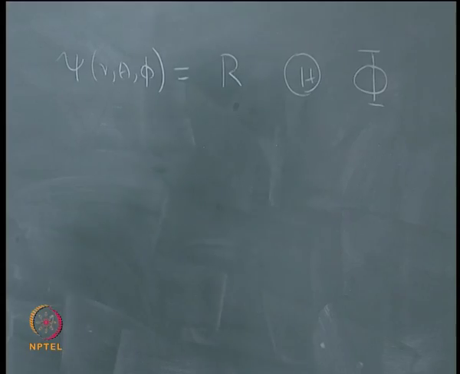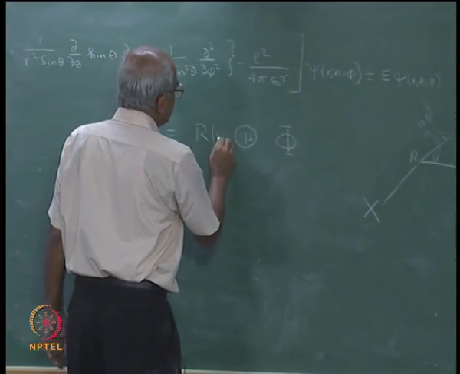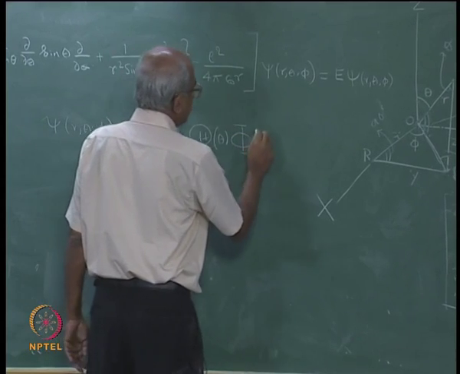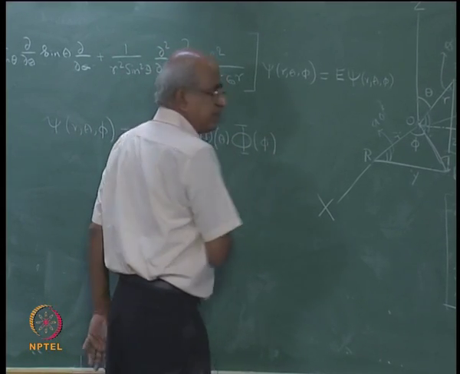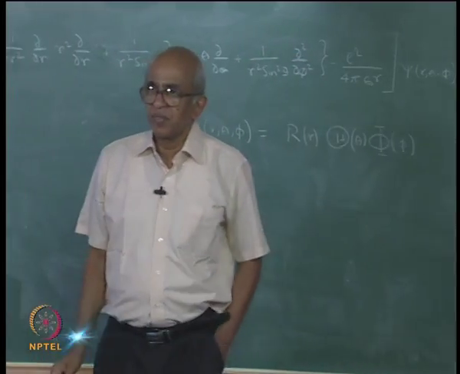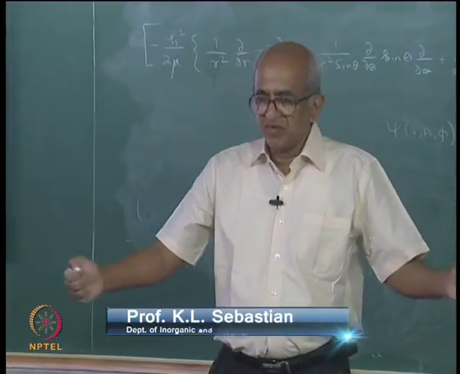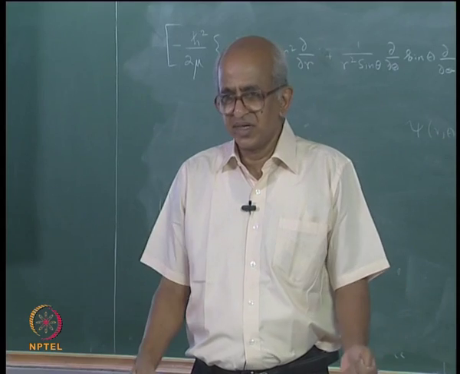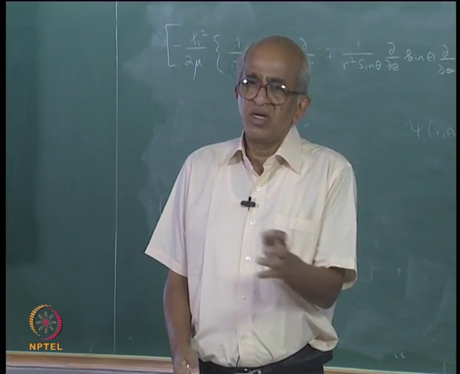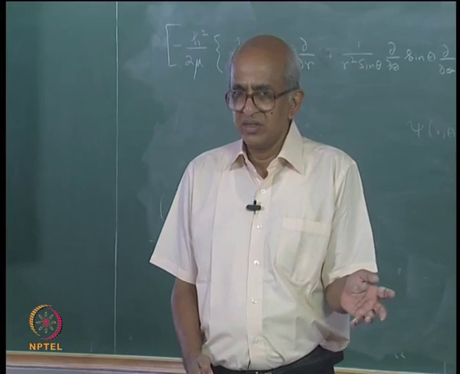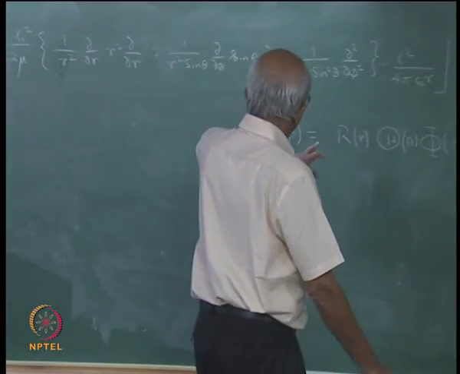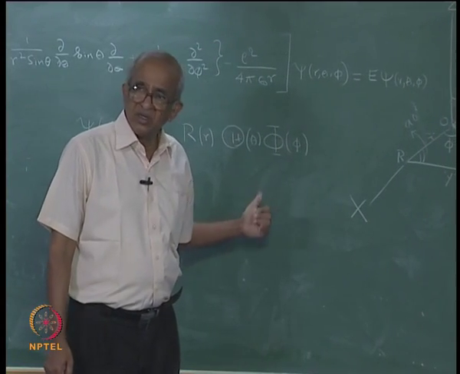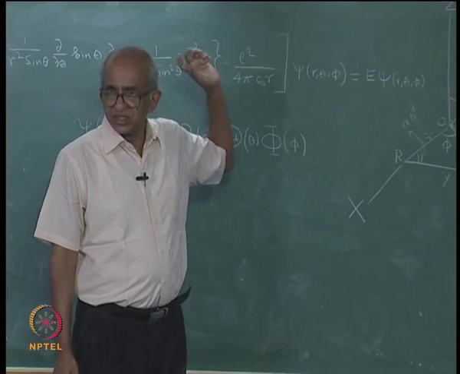And what I will assume is that capital R depends only upon small r, capital Theta depends only upon small theta, and capital Phi depends only upon small phi. So, we divide the wave function into three separate parts, each part depending only upon one coordinate, and then we will have to find capital R, capital Theta and capital Phi in such a fashion that the product obeys the original Schrodinger equation. That is the way we proceed.